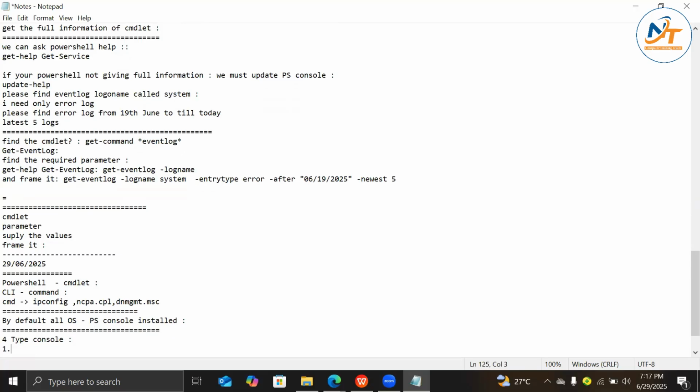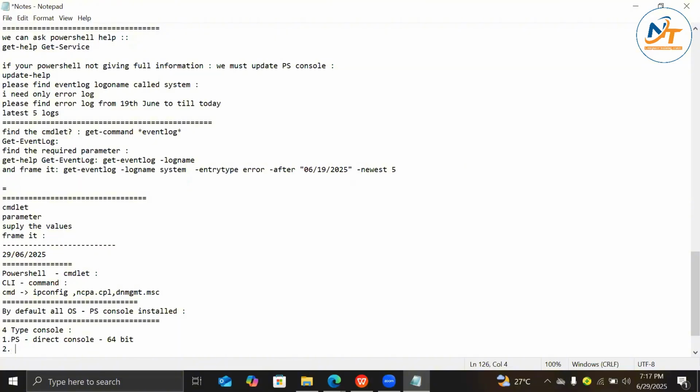Number one is the PowerShell console, a direct console. This is 64-bit. The second one is PowerShell ISE, the Integrated Scripting Environment, 64-bit.